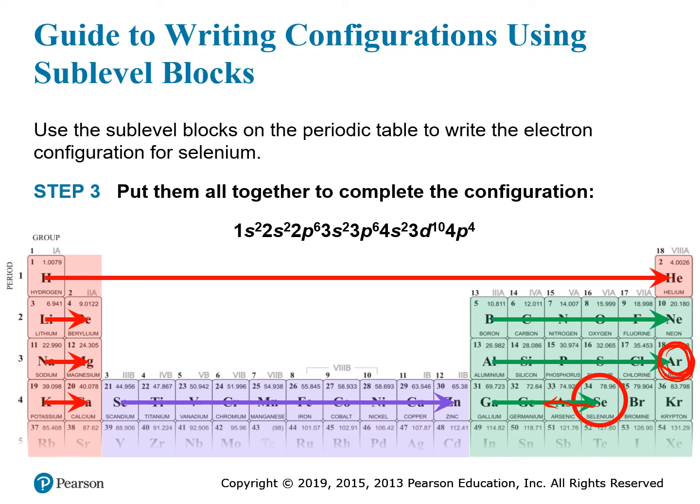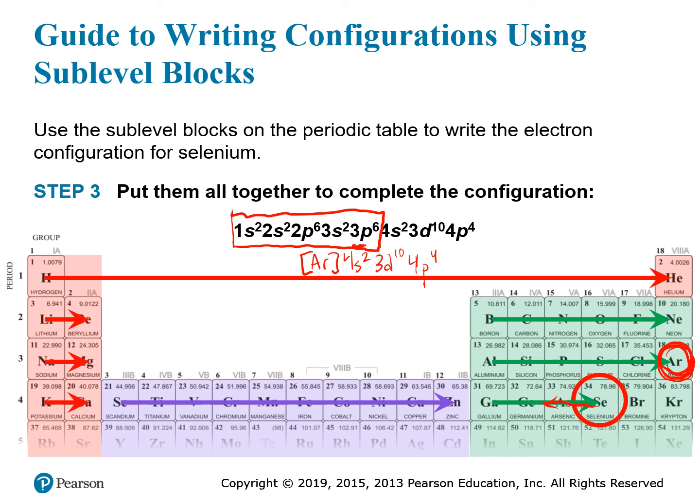Argon is in the 3rd row, so we can abbreviate through the n equals 3 energy level in the p block with argon. So this whole part of the configuration can be abbreviated as argon. Then we can put in the 4s2 electrons, the 3d10 electrons, and the 4p4 electrons.